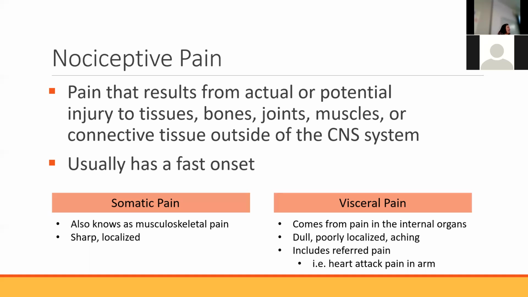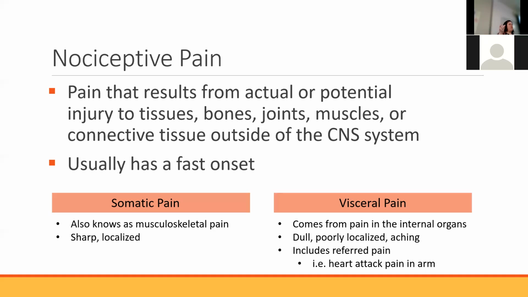So you might feel a wide area in your abdomen that just doesn't feel right, but it's not going to be a pinpoint, like when you hurt your ankle out running, you know exactly where that is. And so that's going to be different.